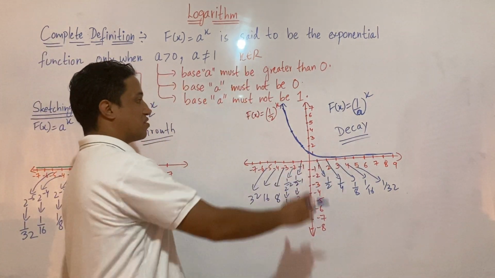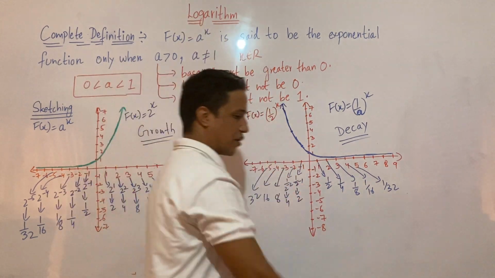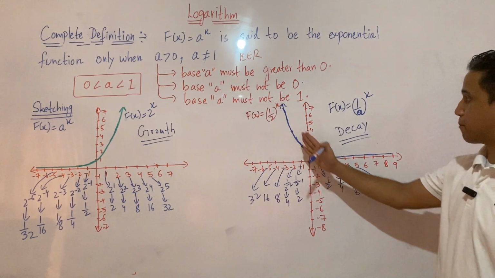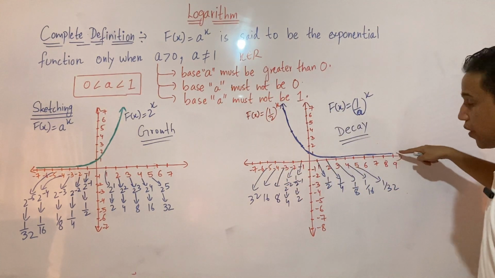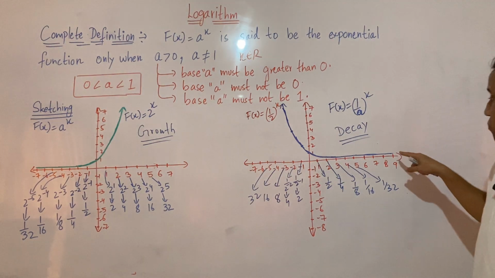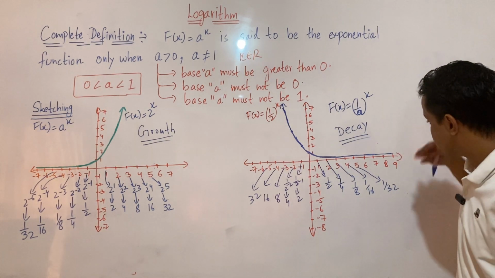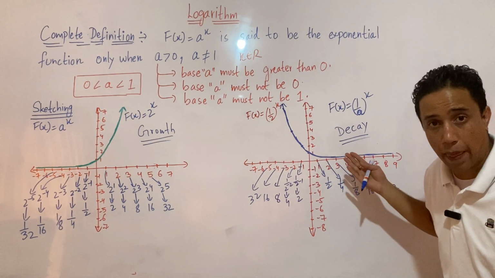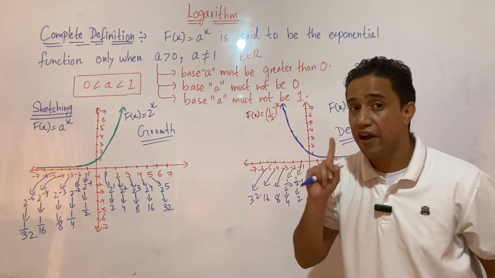Why? Because see here, on this side of the graph, the value of y is approaching infinity. And if you go to the other side of this curve, you can see that your horizontal asymptote is approaching more towards 0, but it will never become 0.